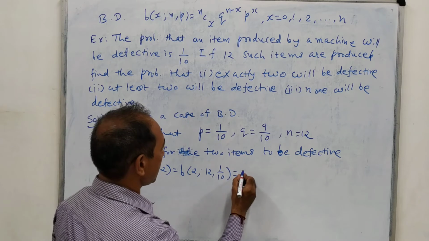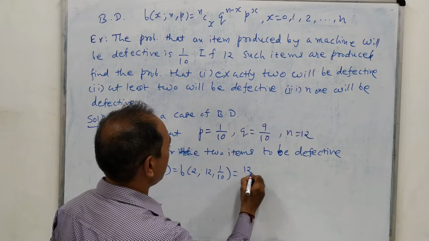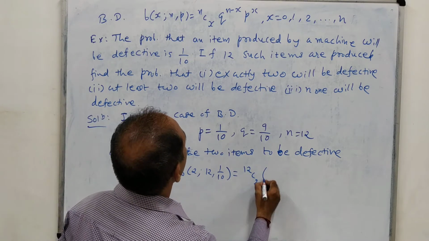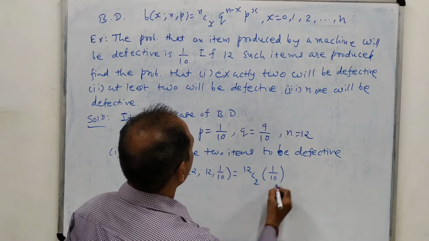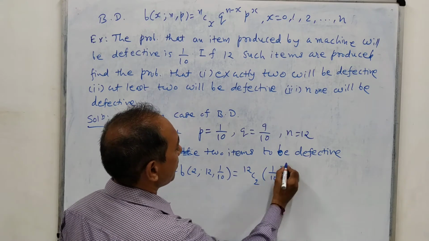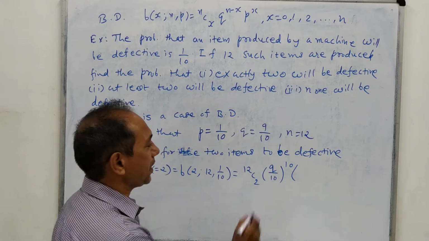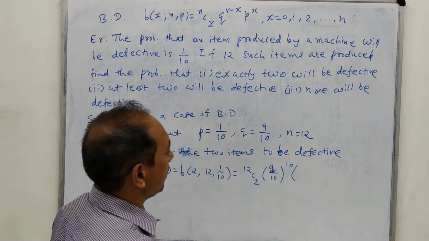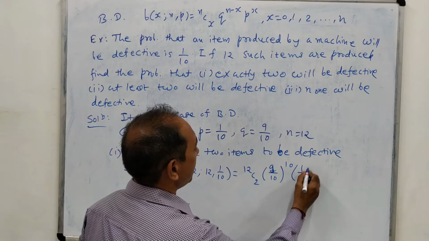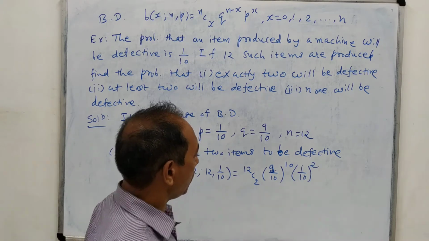So you can find this by using this concept. nCx means 12C2, q is 9 by 10 whole raised to 12 minus 2, that is 10, and p is 1 by 10, whole raised to 2.